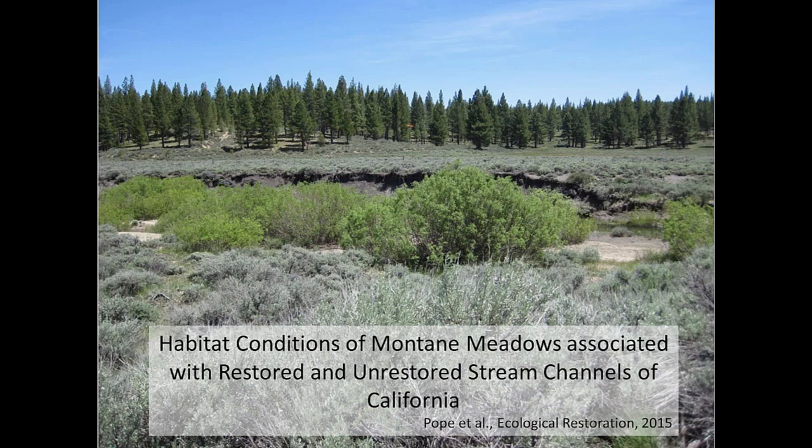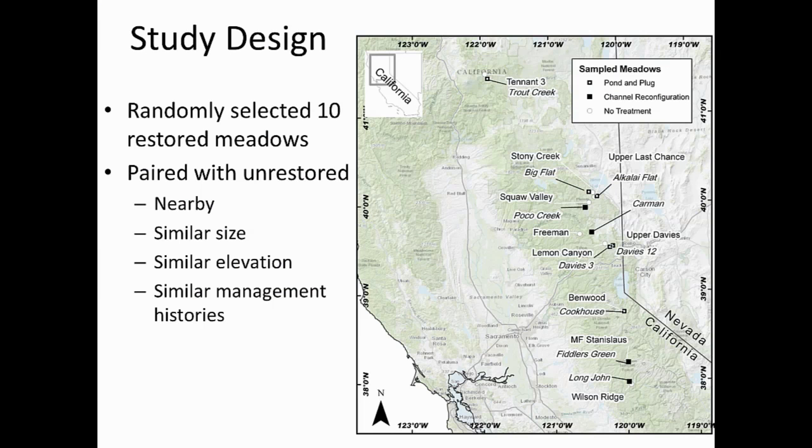I won't get into the background of why I came into this, but we basically said, okay, we can't tell what's going on. So we did a study where we said, let's take the existing projects in the Sierra Nevada, throw them in a hat, pick 10 of them out, and then pair those 10 with unrestored meadows nearby within a 5-kilometer radius, and 10 kilometers in a couple of cases.